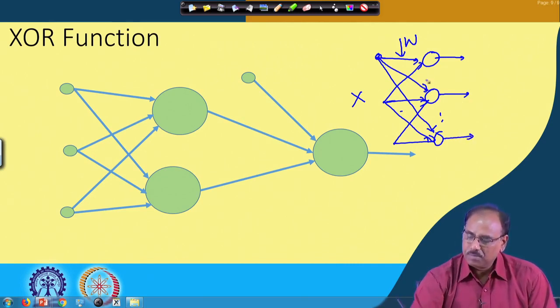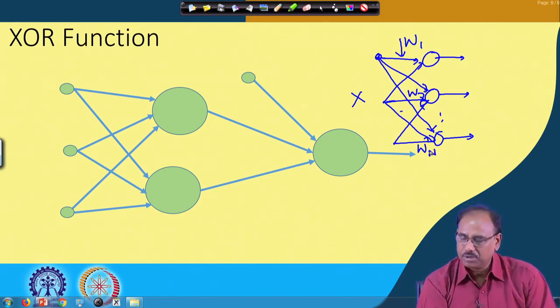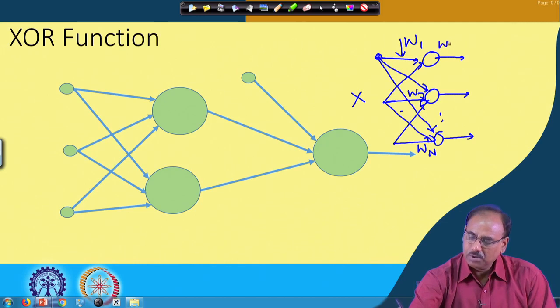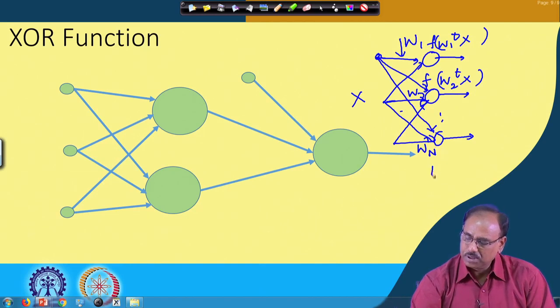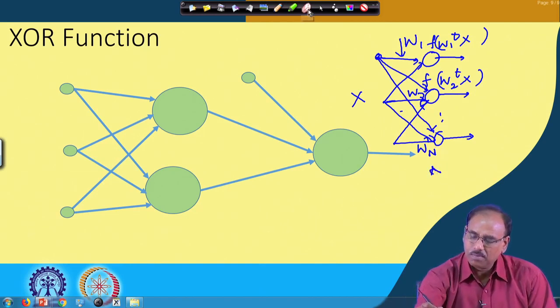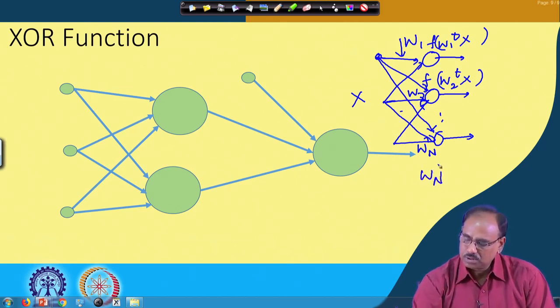Each of these neurons performs, suppose the weight vector for this is W1, the weight vector connecting to this neuron is W2, the weight vector connecting to this neuron is Wn. If I have n number of classes or n number of categories, this neuron will compute W1 transpose x, and then a function of this, this one will compute W2 transpose x, and then a function of this, this one will compute Wn transpose x and a nonlinearity on this.